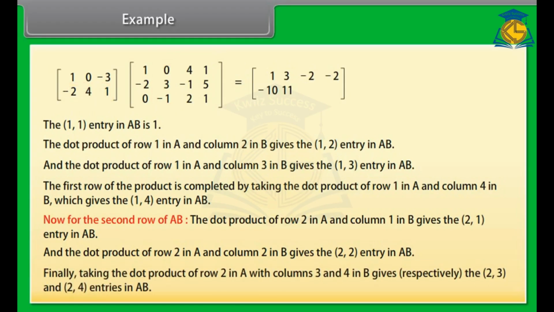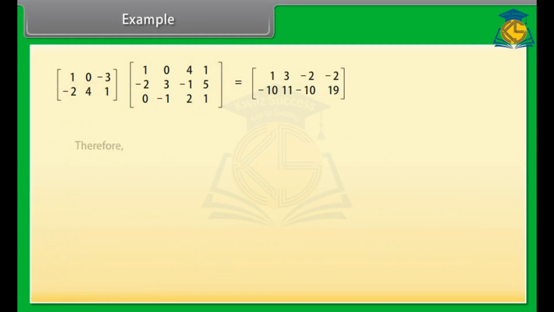Finally, taking the dot product of row 2 in A with columns 3 and 4 in B gives respectively the 2, 3 and 2, 4 entries in AB. Therefore, AB can be solved to the matrix, row-wise: first row 1, 3, -2, -2, second row -10, 11, -10, 19.